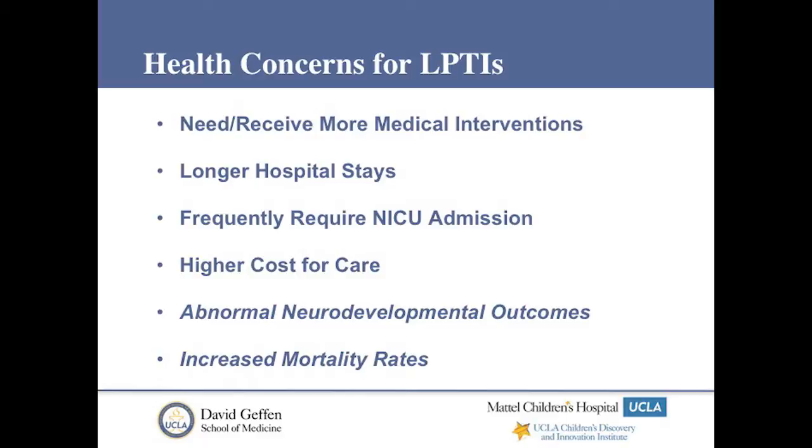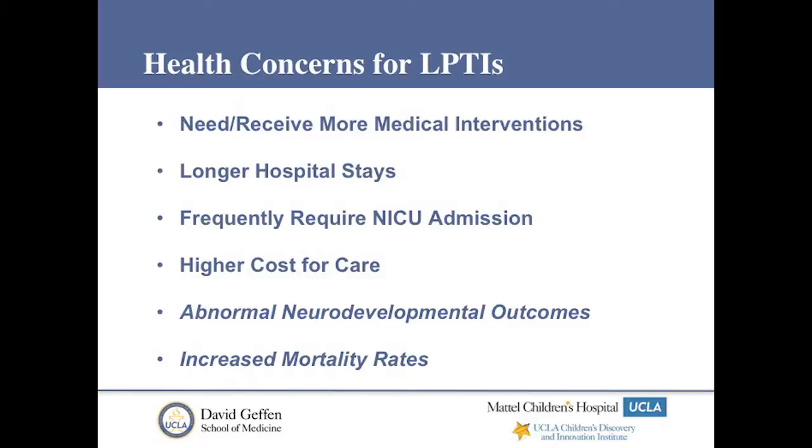So what we know for sure is that these patients are going to get more medical interventions. They're going to have typically longer hospital stays. They frequently will require NICU admission, as we saw in our first case scenario. There is absolutely an associated higher cost of care, but some of the things that I hope I'll be able to touch on and illustrate for you much better today is the definite association with abnormal neurodevelopmental outcomes that maybe we have not always appreciated or focused on in the past versus, let's say, the 23-weeker, 24-weeker, or even 28-weeker.